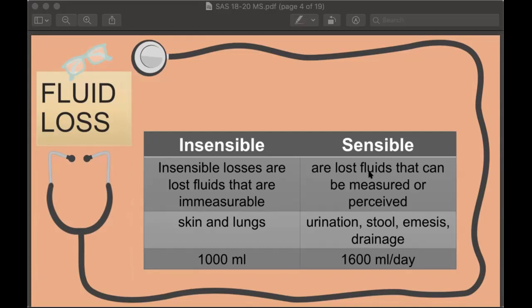So the fluid gains are primarily from our oral intake, while the losses result from the secretion of fluids from the skin, lungs, kidney, and at the same time your intestines. Clear with this part? Okay, awesome. Now let's go here.